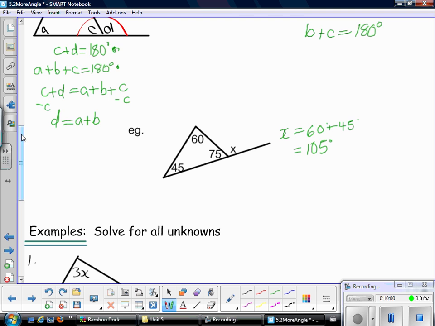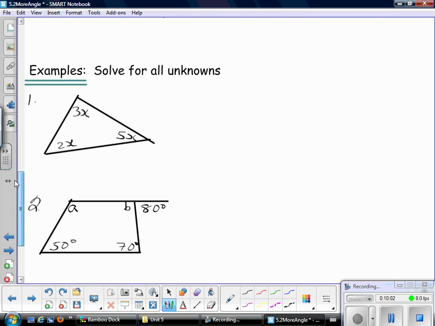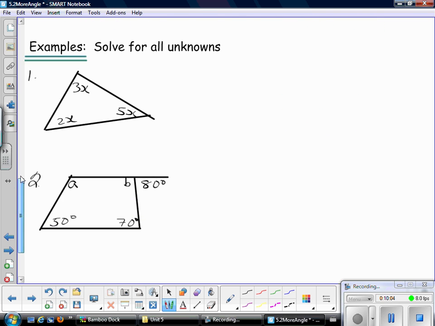Okay, the next types of questions use triangle properties, but if you notice it says solve for all unknowns. Our unknown here is our x's. So what do I do here? They didn't give me any values for these, but it's okay. These are the interior angles of a triangle. So I know that 3x plus 5x plus 2x, if I add all of those angles together, it has to equal 180 degrees.